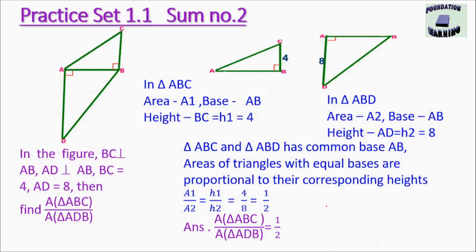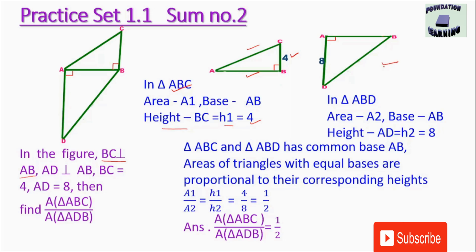So let's take a clear, neat drawing and writing. In triangle ABC, BC is perpendicular to AB. That means it is 90 degrees and that is the height. Remember, that's the height. Area of the first triangle is A1, base is AB, height is BC or H1, and the measurement is 4.